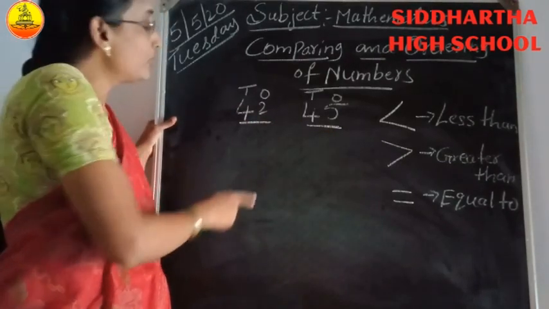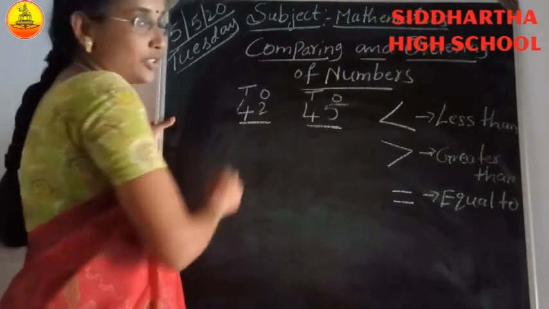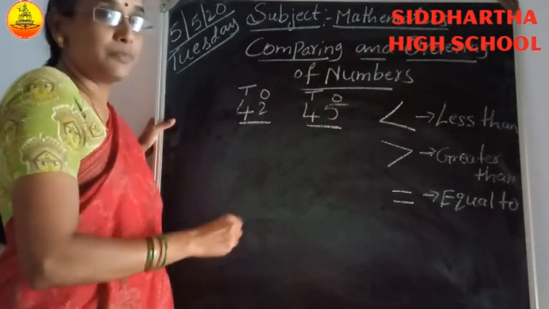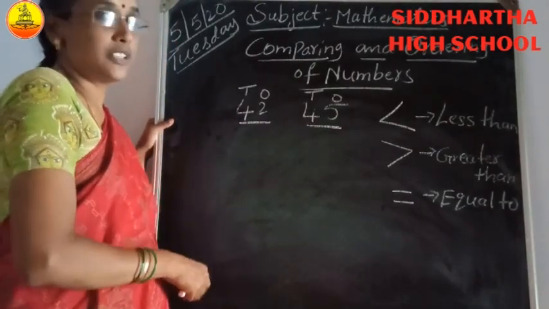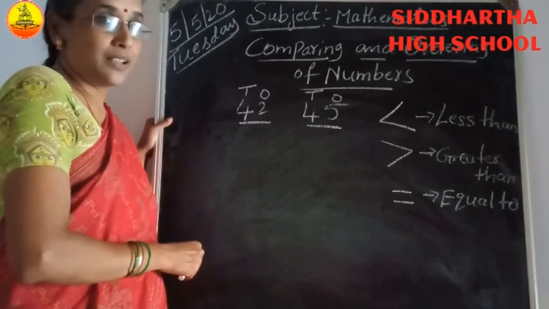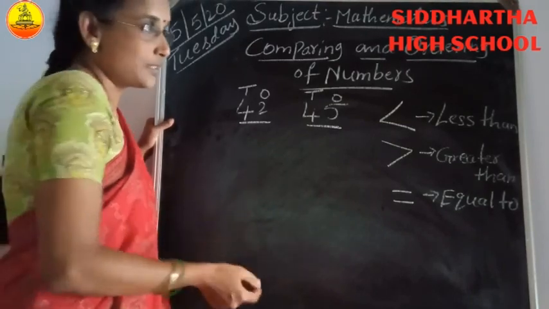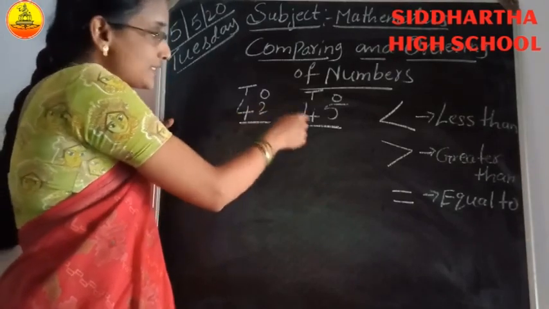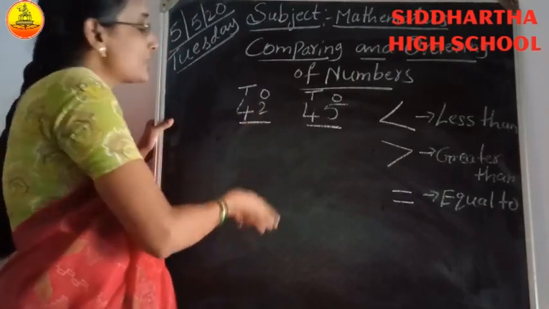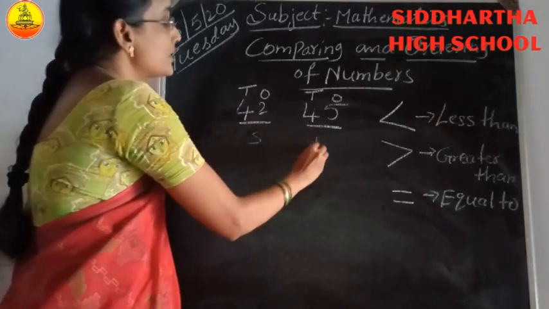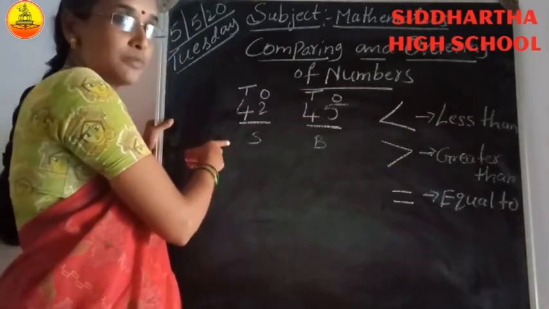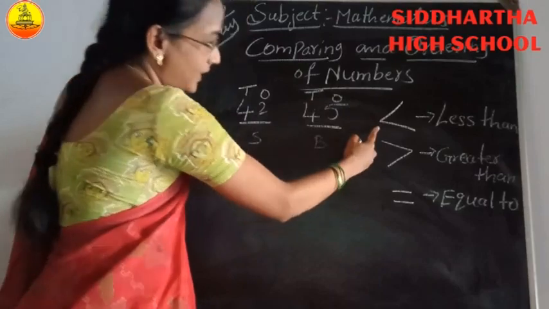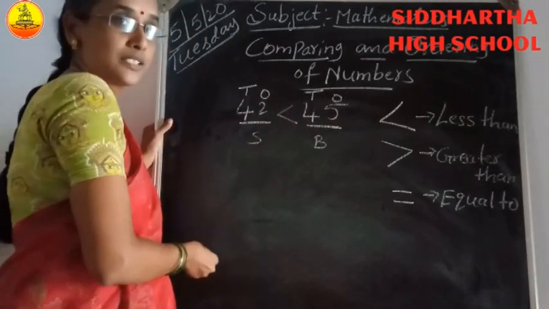Now 42 and 45. You already know from before classes that we use the less than symbol, because the first one is less. 42 is less than 45. The first one is small and the second is big, so you use the less than symbol.